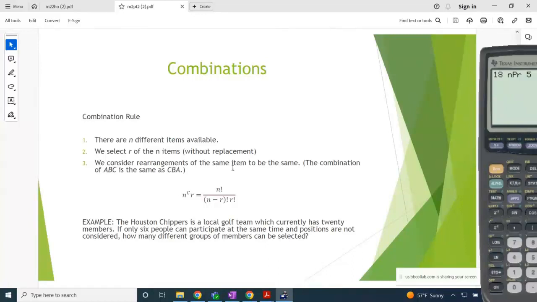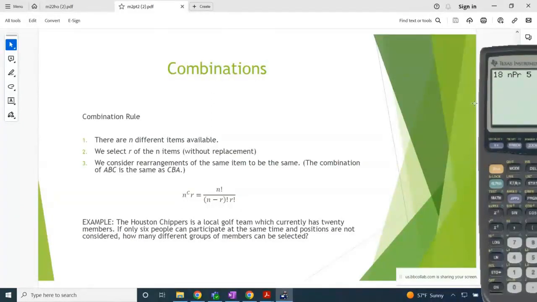It says consider the arrangements ABC and CBA to be counted the same, right? Because the order doesn't matter. So next we see the kind of convoluted combination formula is n factorial divided by the quantity n minus r factorial times r factorial. Okay. But we don't necessarily calculate this, right? The calculator is going to do it for us.